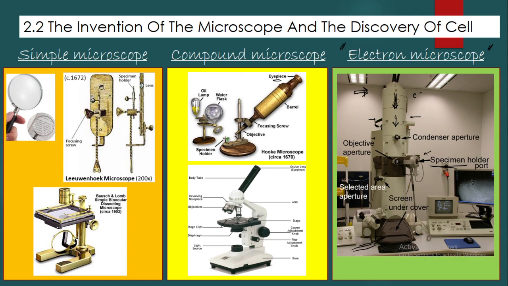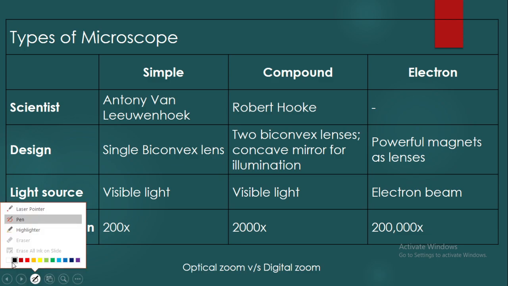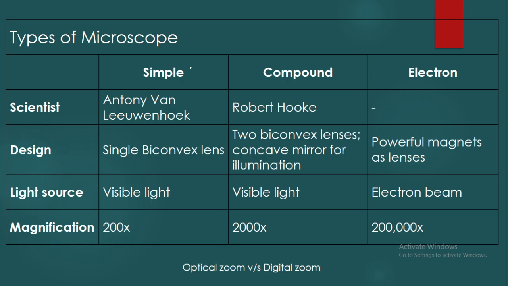A simple comparison of the three types of microscopes we have seen. The simple microscope was invented by Anton von Leeuwenhoek; the first models of the compound microscope were developed by Robert Hooke. In our first slide we saw cork made up of cells, a term also coined by Robert Hooke.